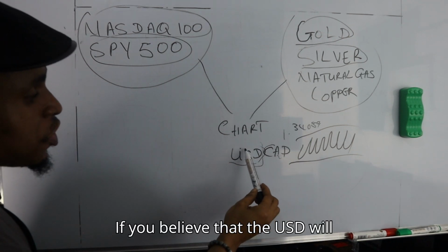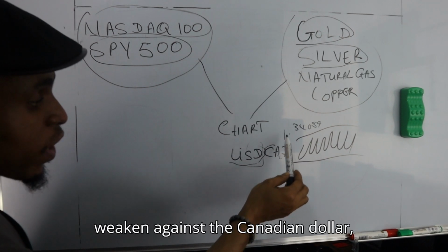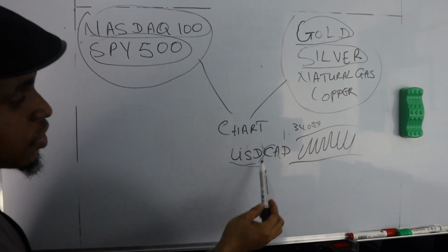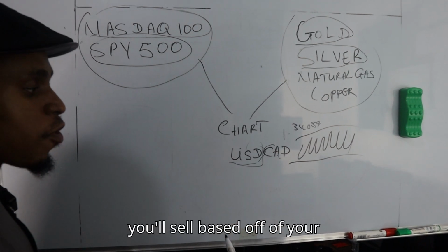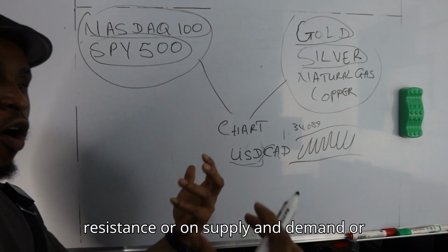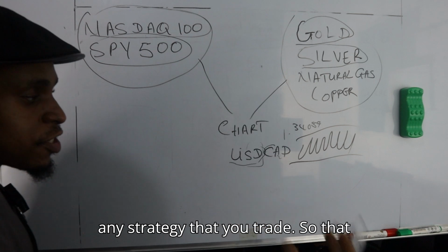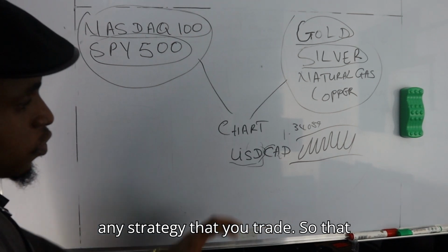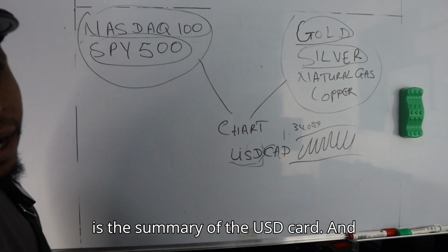If you believe that the USD will weaken against the Canadian dollar, you sell, based on your analysis, either support or resistance, or supply and demand, or any strategy that you trade. So that is the summary of the USD/CAD.